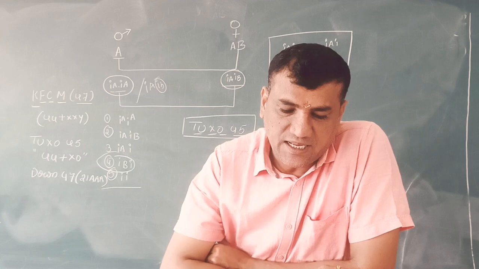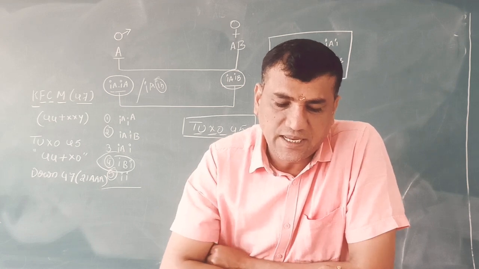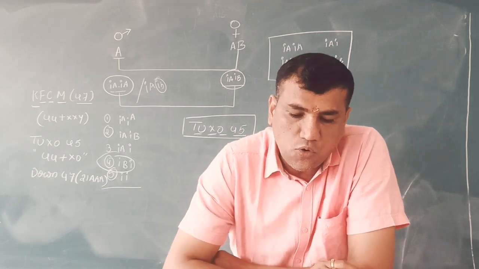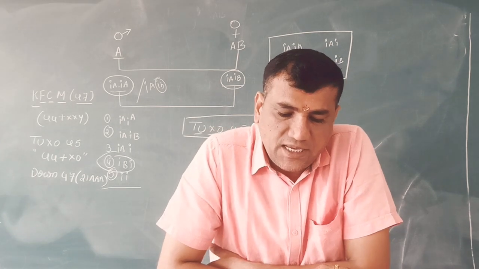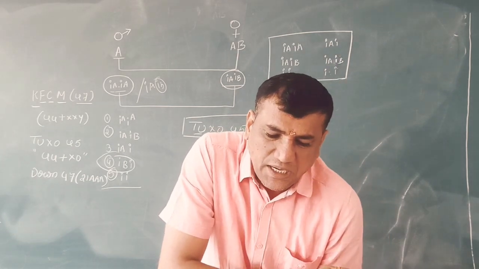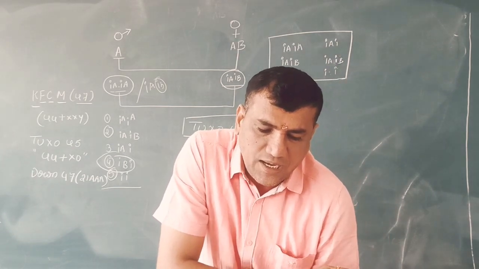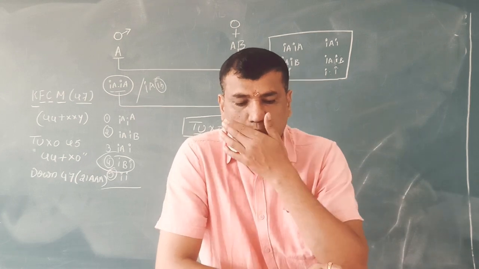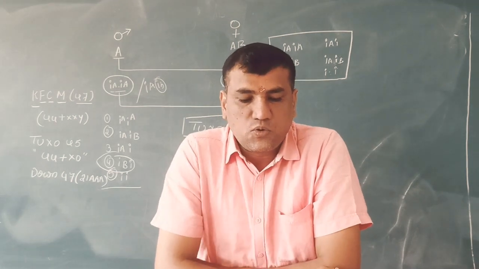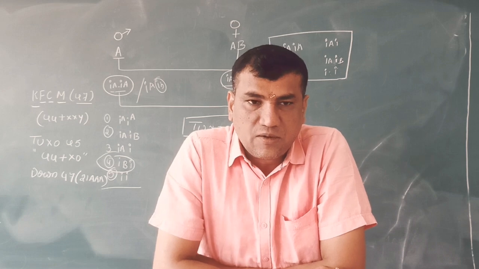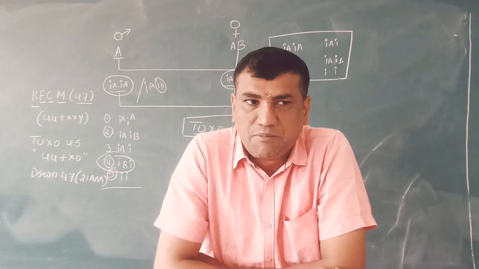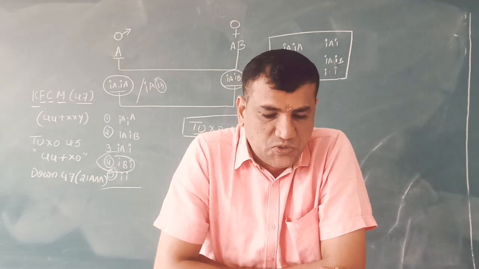Inheritance of skin color in humans is an example of codominance, polygenic inheritance, point mutation, chromosomal aberration. Codominance means two genes dominate, showing the dominance at the same time, that is multiple allelism, blood groups.